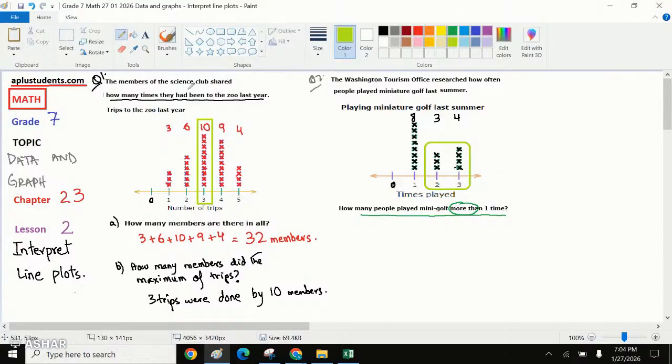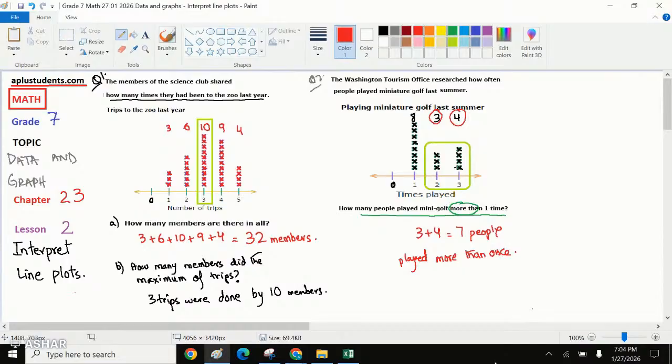So how many people played more than one time? More than one time was played by this and this number of people. That means 3 plus 4. That means 7 people played more than once.